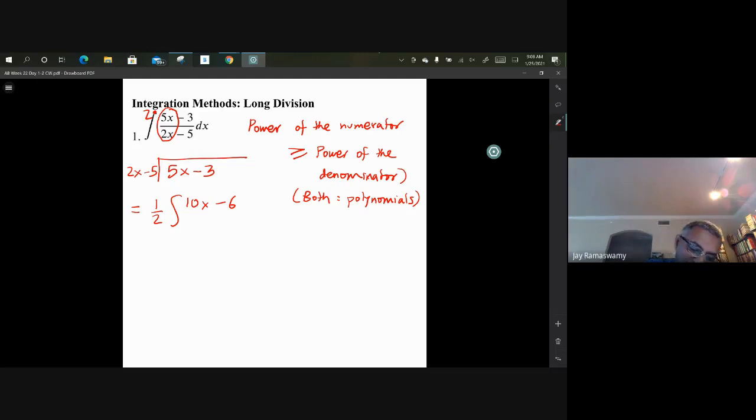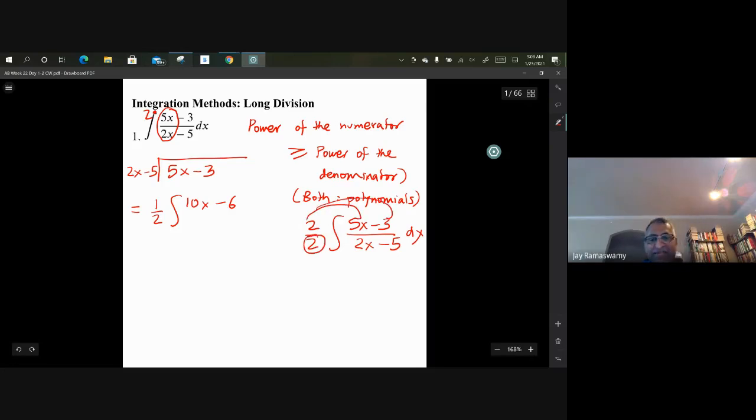Here's what I'm really doing: 2 over 2. I multiply the 2 in and pull out the 1/2. So 2 times 5x is 10x, 2 times negative 3 is negative 6, so 10x minus 6, all over 2x minus 5.